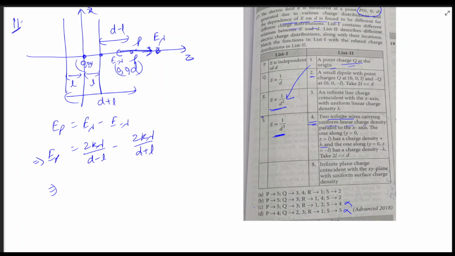So I had just taken a very approximate condition that these wires are very close and hence the electric field outside will be almost zero. But if we calculate precisely, it will be 2k lambda times d plus L minus d plus L, divided by d square minus L square. Okay, so d will get cancelled here.